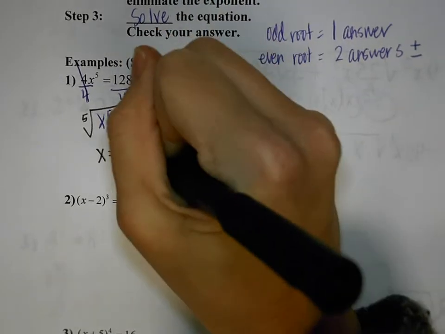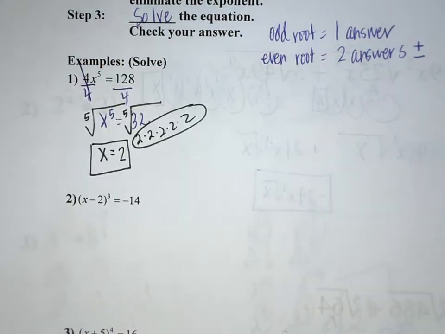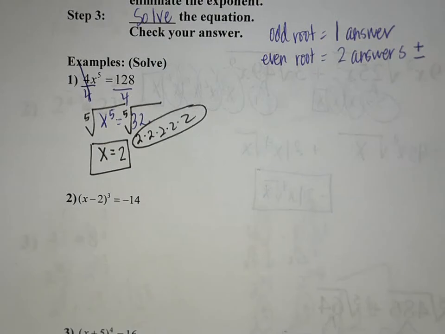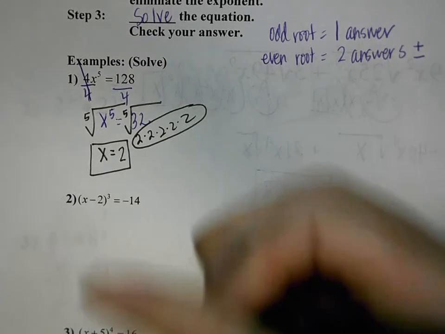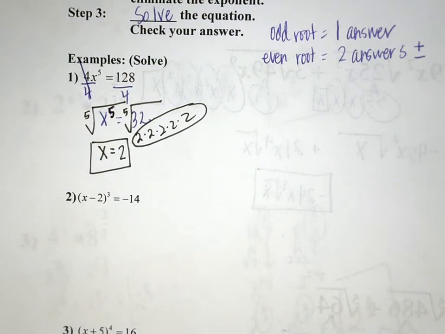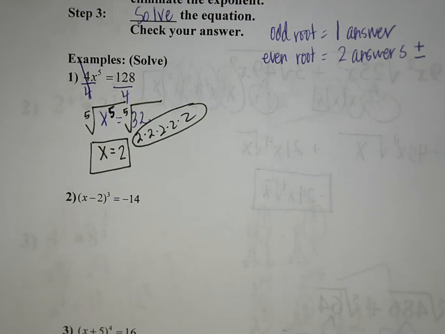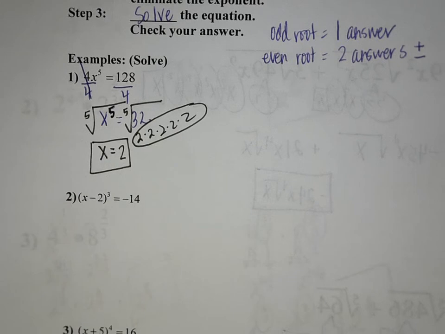So we have a group of 2s, so that means my answer is 2. How do you get 5? See how this was a 5 power? In order to get just x, you have to take the 5th root. So whatever your power is, that's the root you're going to take.